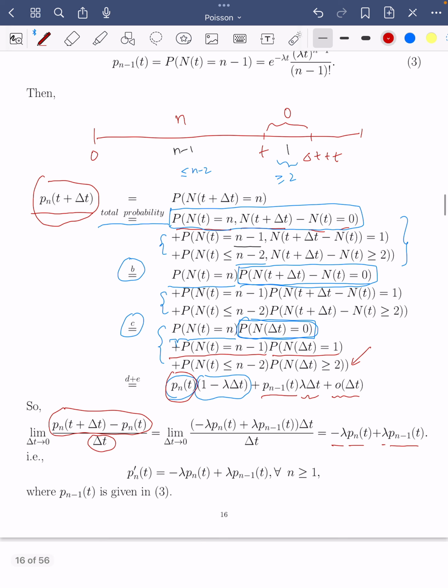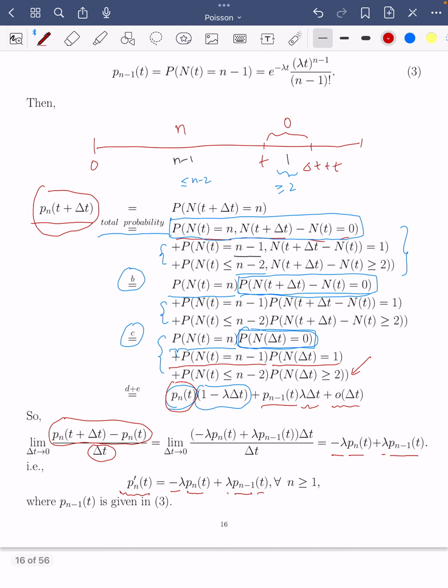So this just means that the derivative of P_n(t) is equal to negative lambda P_n(t) plus lambda times P_{n-1}(t). And please remember that P_{n-1}(t) is given here.